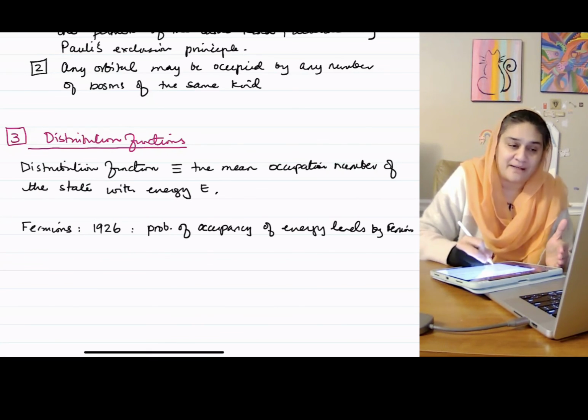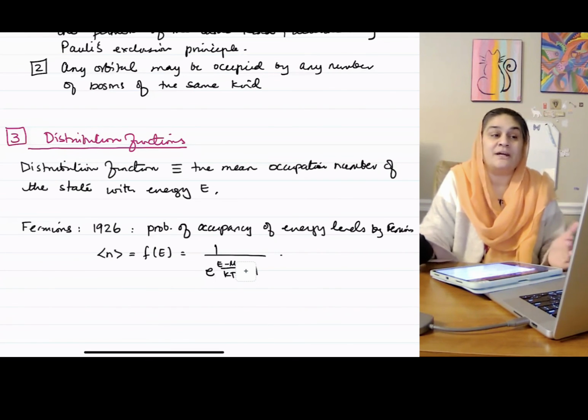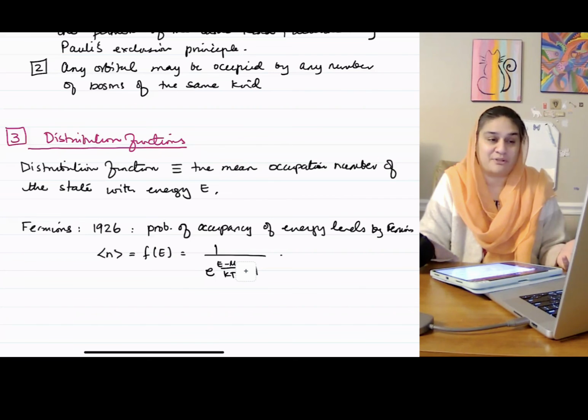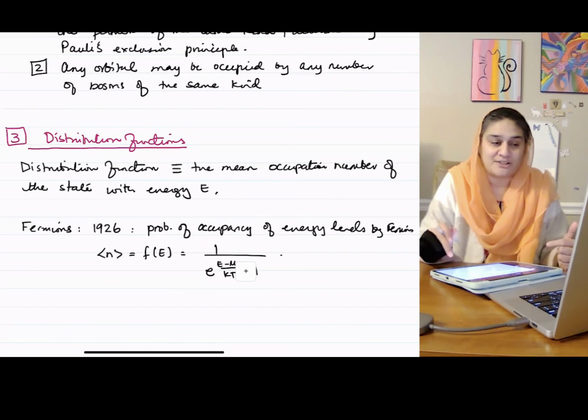And it's mathematically given as 1 over e to the power (E minus mu) over kT, plus 1, where E is the energy and mu is the chemical potential that we have been talking about, and T is the temperature, and k is the Boltzmann constant.